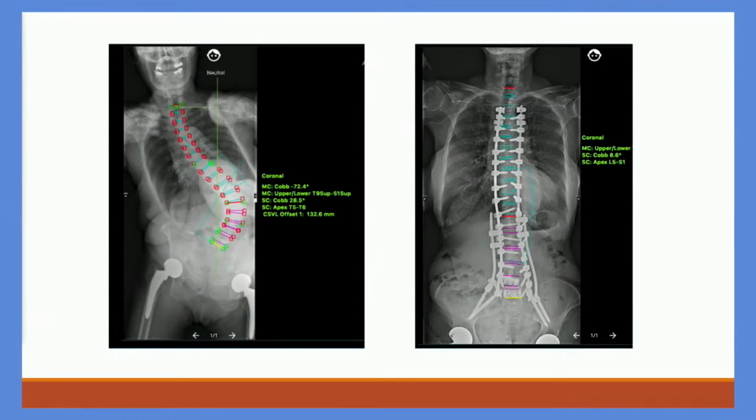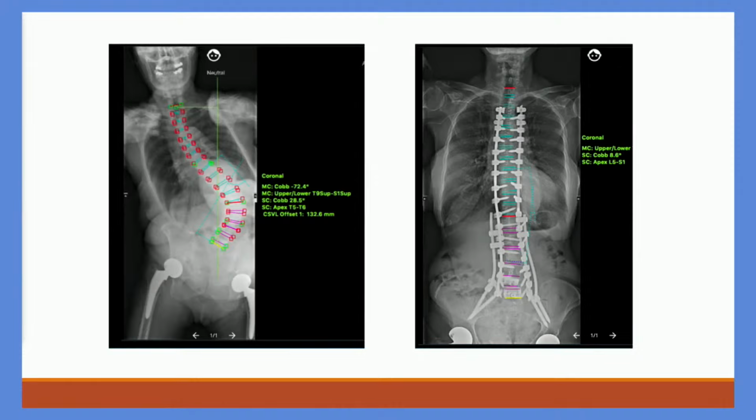And now we see afterwards the correction that was needed in order to restore a harmonious alignment. She underwent a surgery with a fusion from T3 down to the pelvis. She also had accessory rods both on the right and the left to help further reduce the level of curvature over the coming months to years.